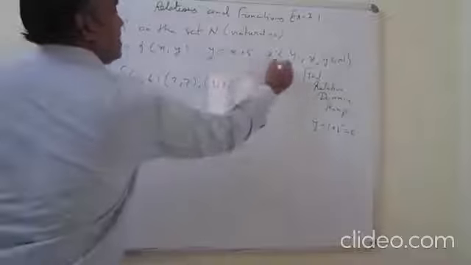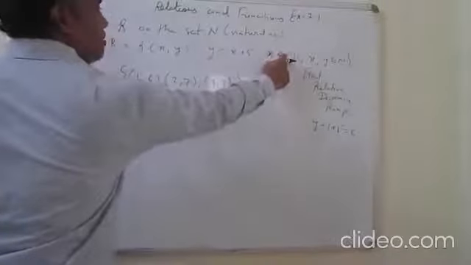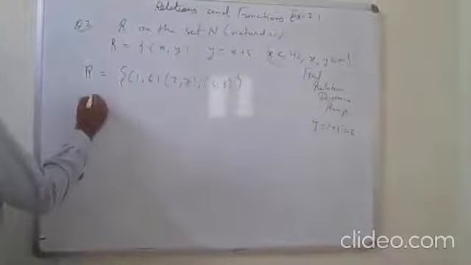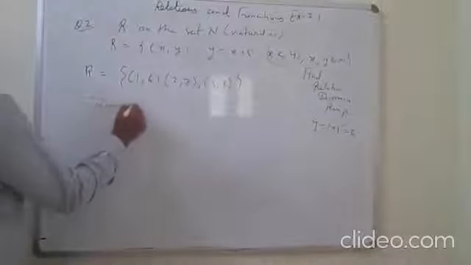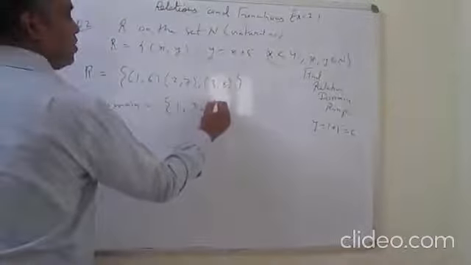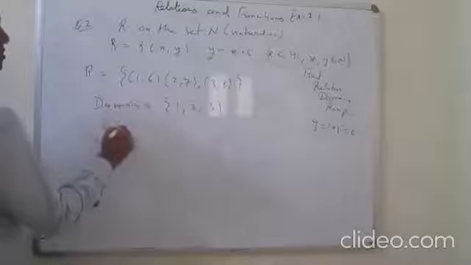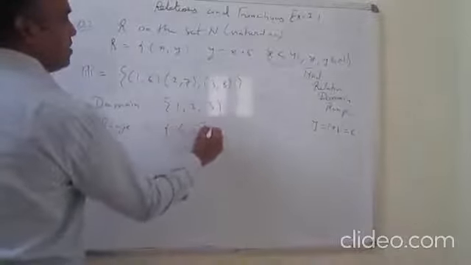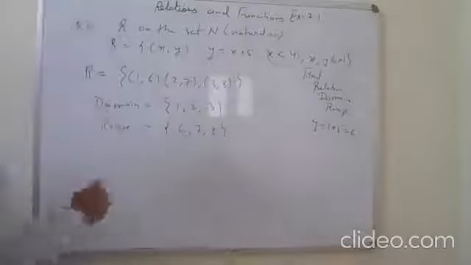So x is less than 4. So this is the relation. So what is the domain? Elements of first set 1, 2, 3. What is range? 6, 7, 8 is the range.